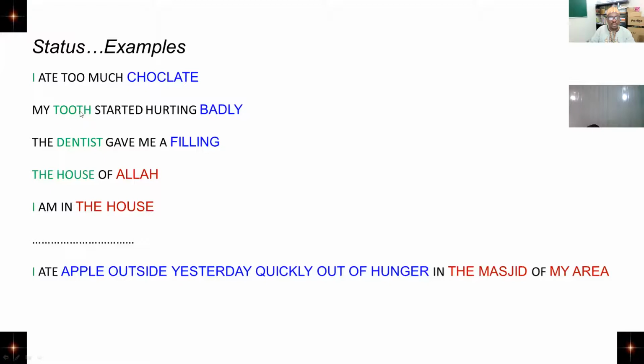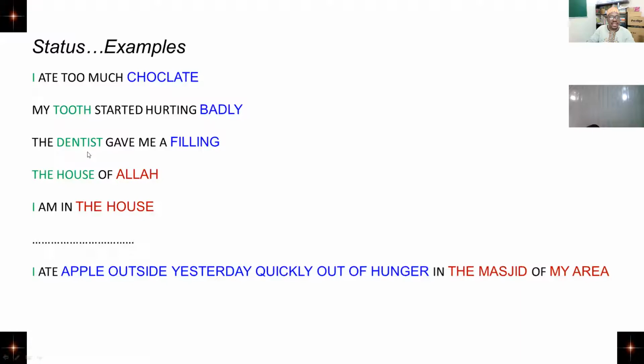So it is the tooth, which is the word in Rafa status here. And badly is how this action of hurting was. Okay, how was it hurting? Badly. It is a detail of this particular action that has started, right? So we say this is the detail, and so this is in Nasb status. But this is the one that did the action, and so it is in Rafa status.